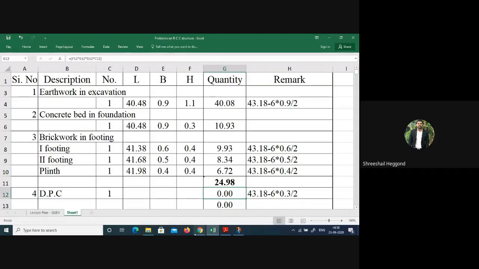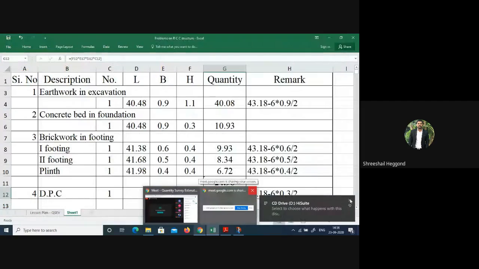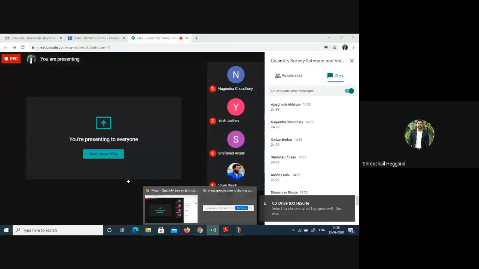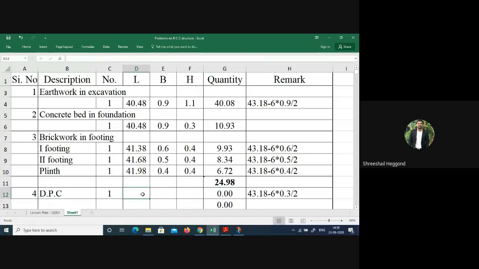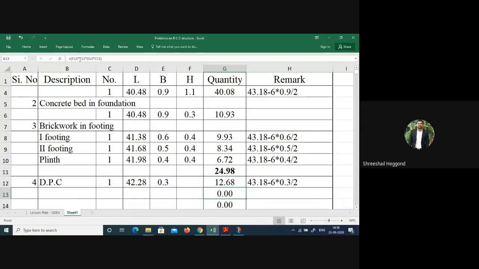Next, for DPC central line length calculation, that can be given as 43.18 minus 6 into 0.3 divided by 2. The value can be 42.28. Width is 0.3 and height is not considered for DPC. Therefore, quantity will be 12.68.